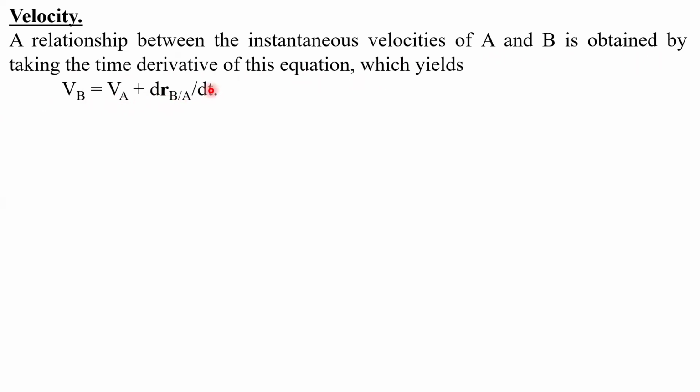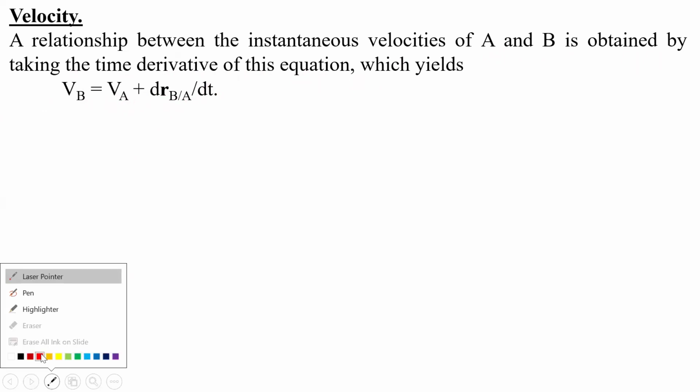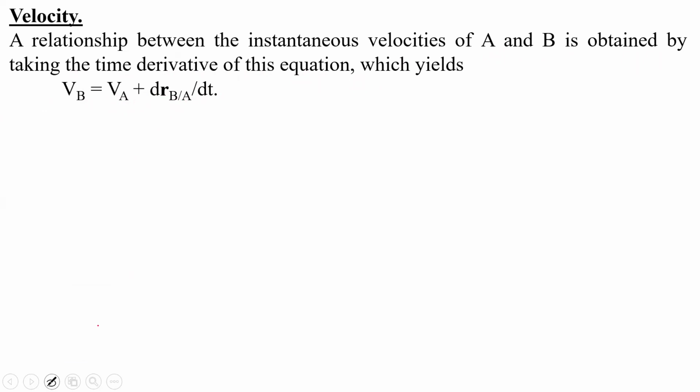We know that RB is equal to RA plus R of B with respect to A, so we just put d/dt. The dRB/dt will give you VB, and then dRA/dt will give you VA.